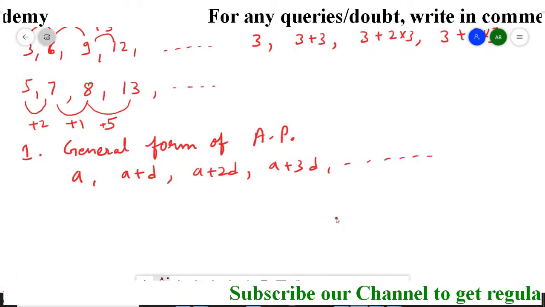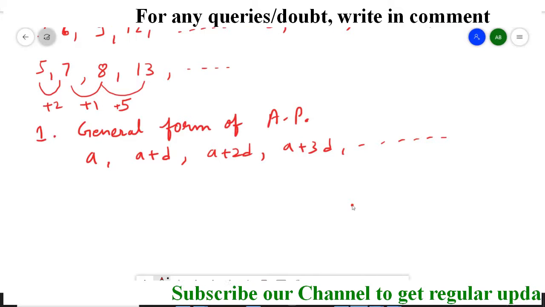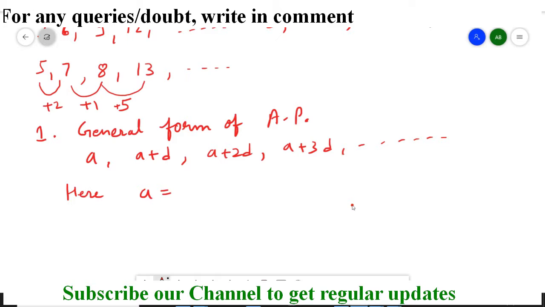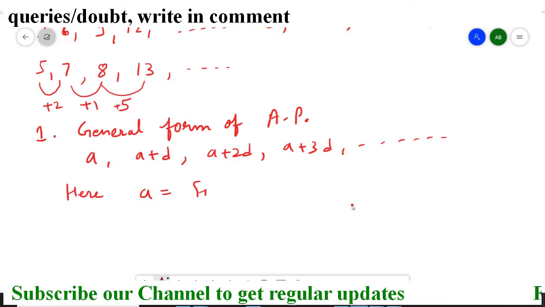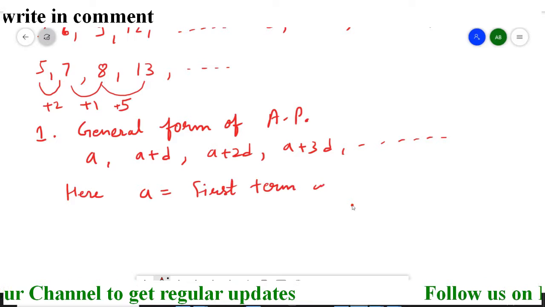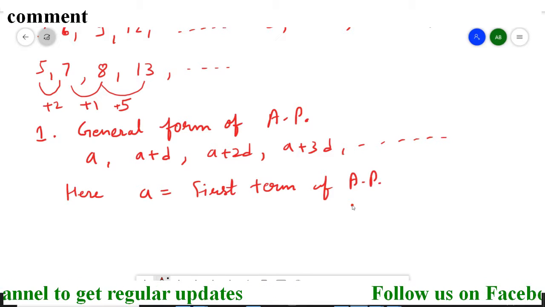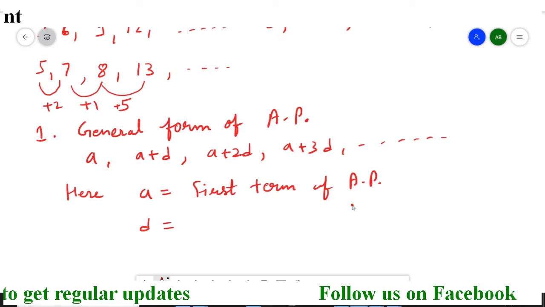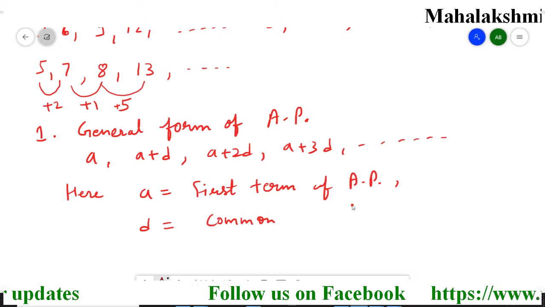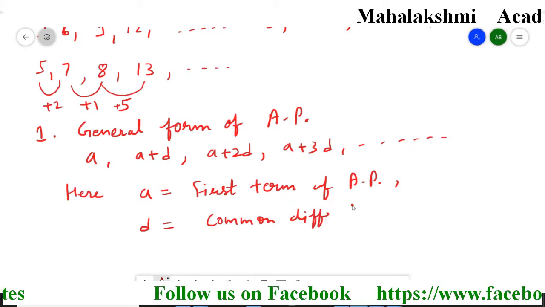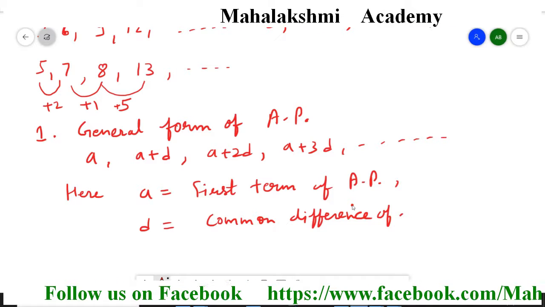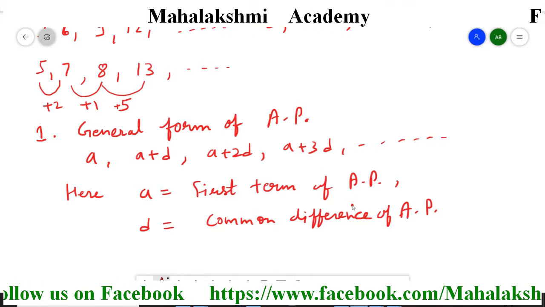Now in this AP we have to mention what a and d are. We will write here: a is named as the first term of AP, and d is named as the common difference of AP.